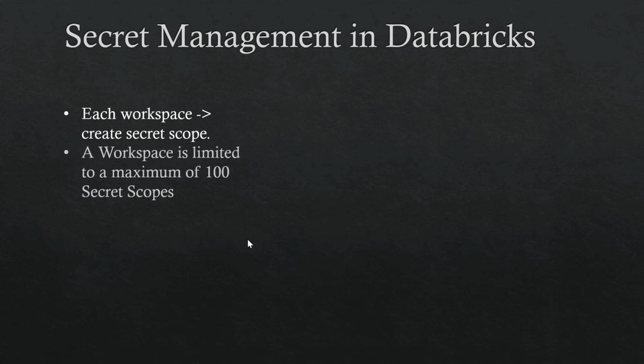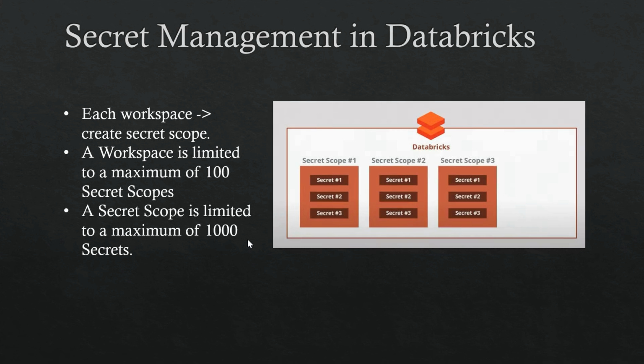So how exactly can you manage the secrets in Databricks? There are basically two types in which you can manage. Before that, first let's see how exactly the secrets are present. In the Databricks workspace, you can create multiple secret scopes, and inside one secret scope, you can create multiple secrets.